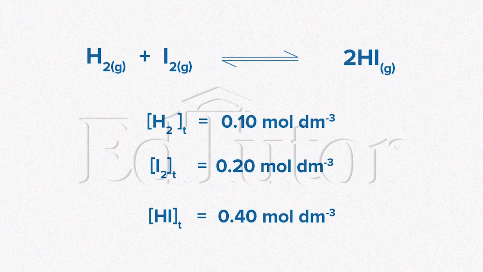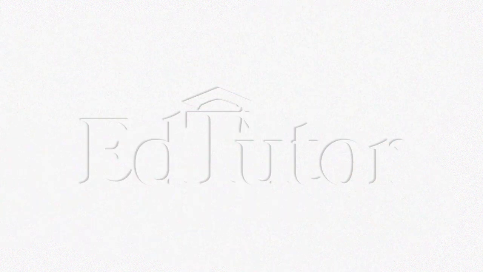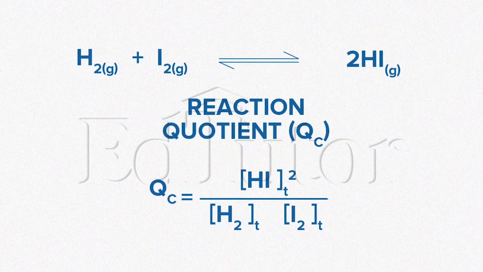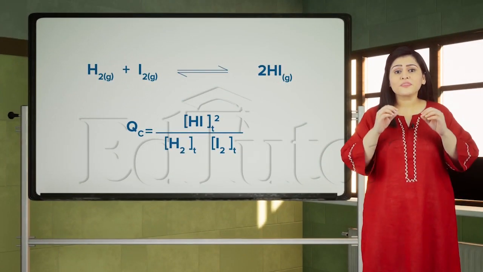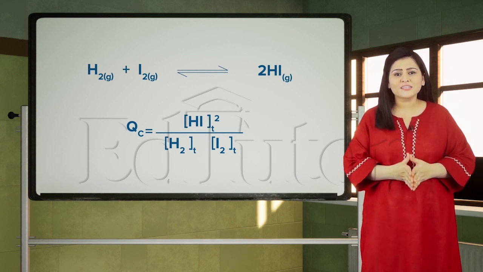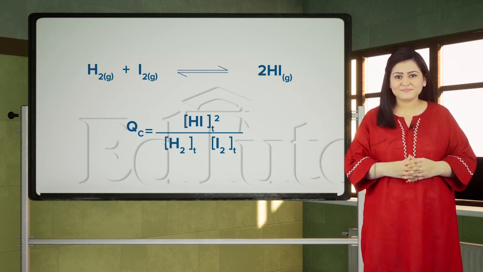If we put these concentrations into the equilibrium constant expression, we obtain a value called the reaction quotient Qc. Qc is the measure of the relative amounts of products and the reactants present in a reaction at a given time. The reaction quotient for this reaction is calculated in the same way as you would calculate for Kc.